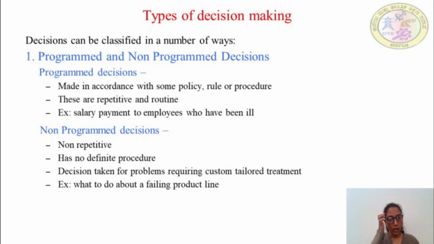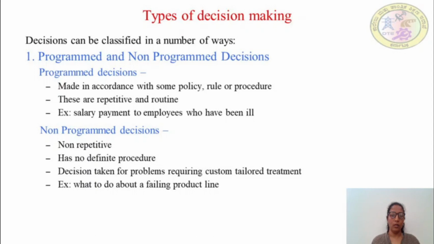Now, let us see how decisions can be classified in a number of ways. The first type of classification is programmed and non programmed decisions. Programmed decisions are those that are made in accordance with policies, procedures, and rules. The decisions which are routine and repetitive are programmed.